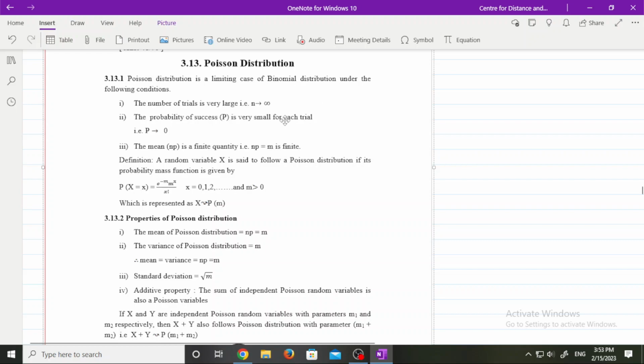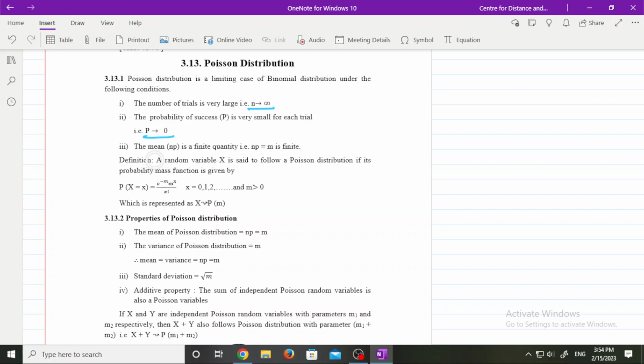First condition: the number of trials is very large, that is n tends to infinity. Second condition: the probability of success, denoted by p, is very small for each trial, that is p tends to 0.